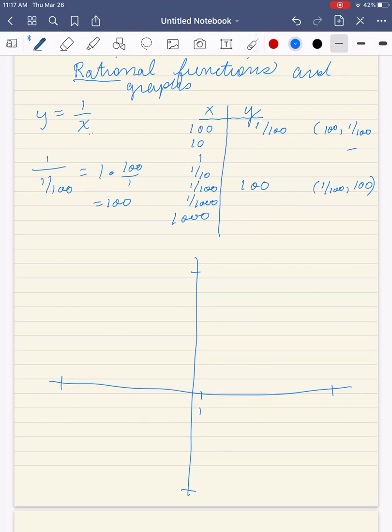And this will be 1, and this will be 10, and so on. So go ahead and plot those points. And obviously when you get to 1 over 100 and so on, you're just going to be getting very close to the axis. You're not going to really be able to plot those. So go ahead and pause your video for a minute, find those values, and plot those points. When you're finished, turn the video back on.